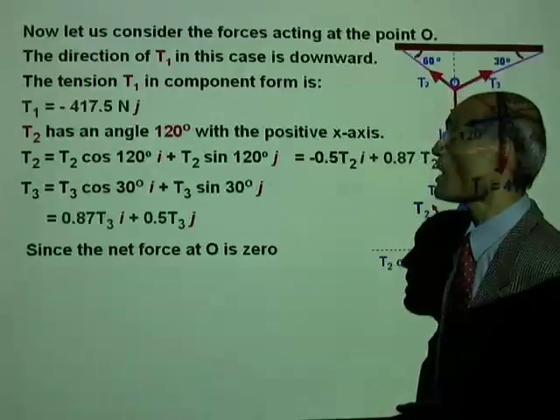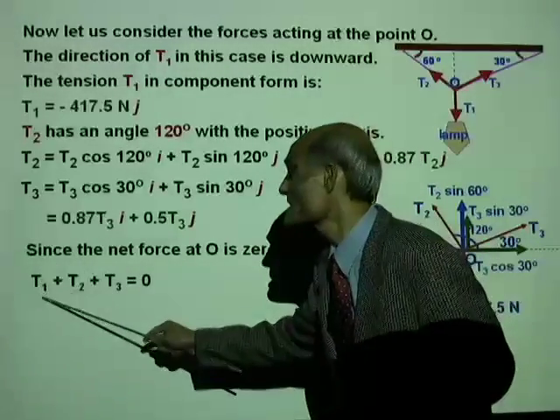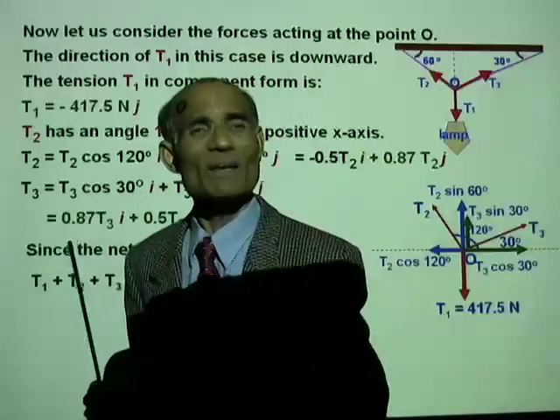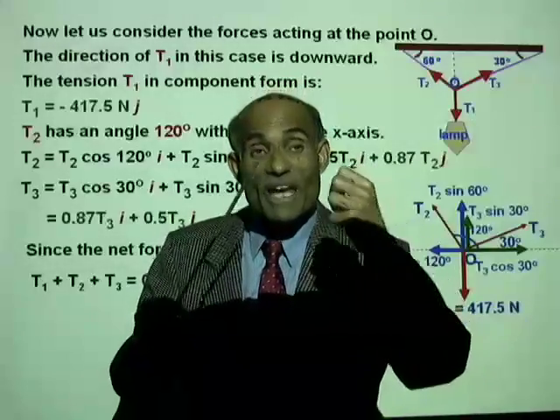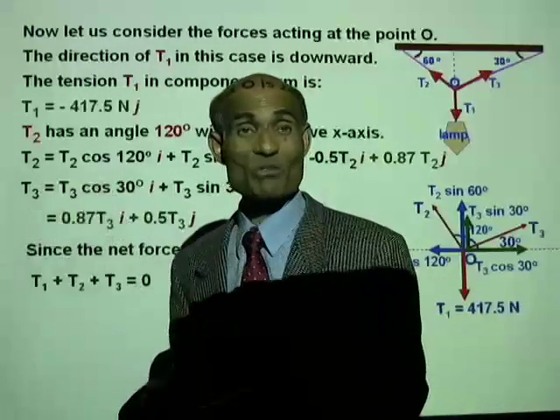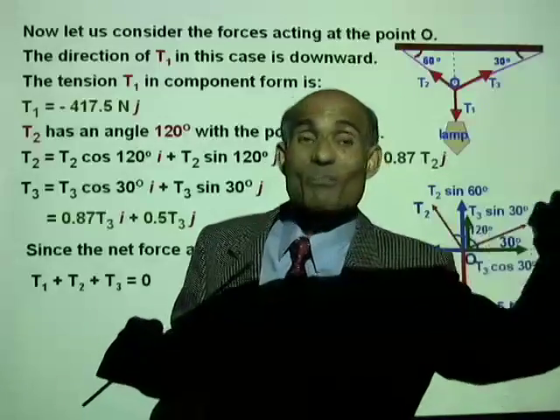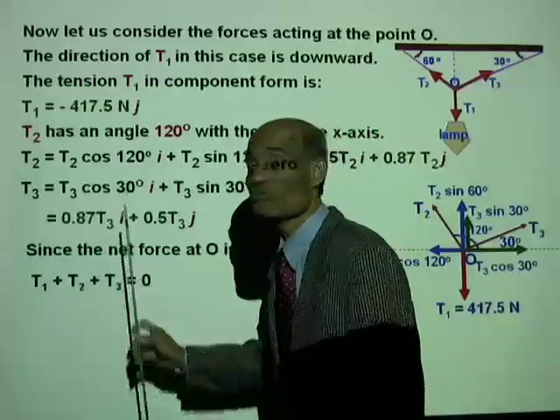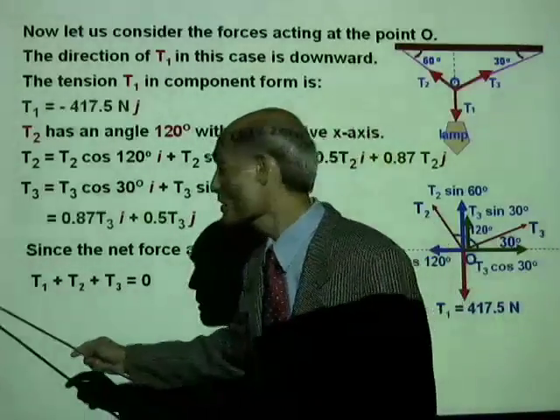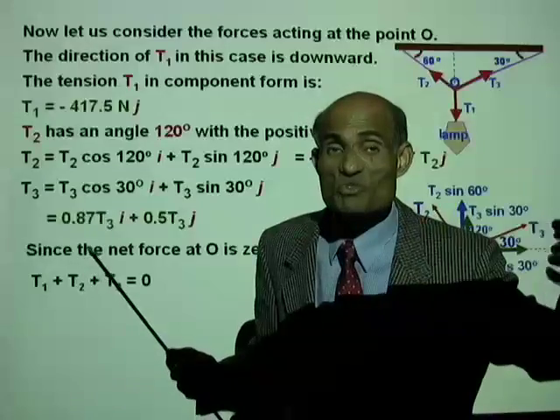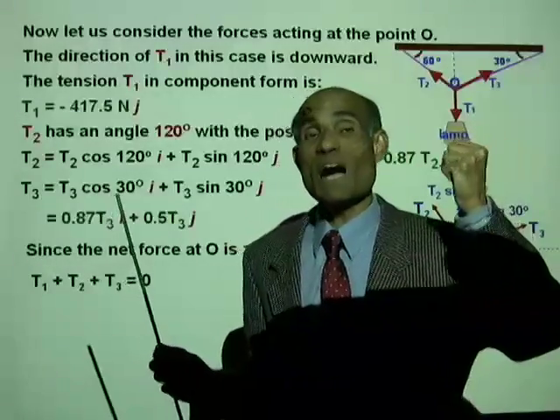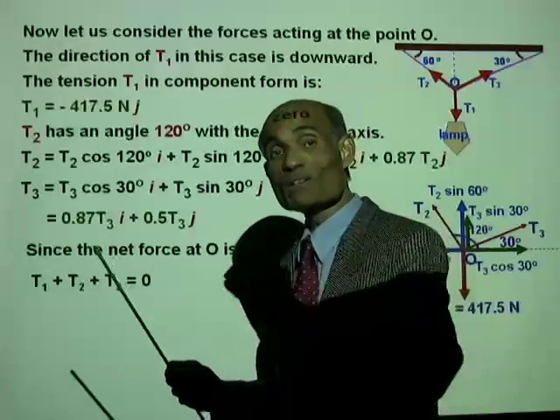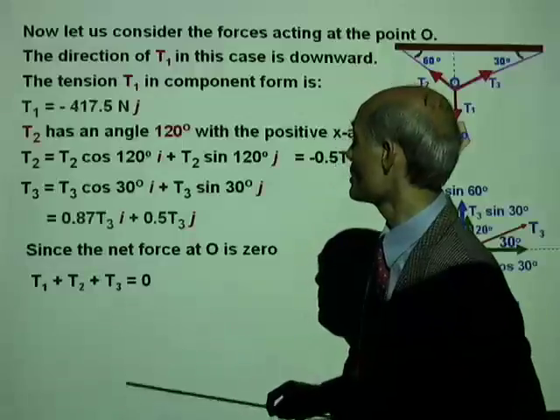Since the net force at O equal to 0, we say T1 plus T2 plus T3 equal to 0. What does that mean? It means if you add the x components, it must be equal to 0. And if you add the y components, it also must be equal to 0. That is the meaning. When vectors are written in the component form, and adding the vectors gives you 0, it means adding the x components will produce 0, adding the y components also will produce 0.